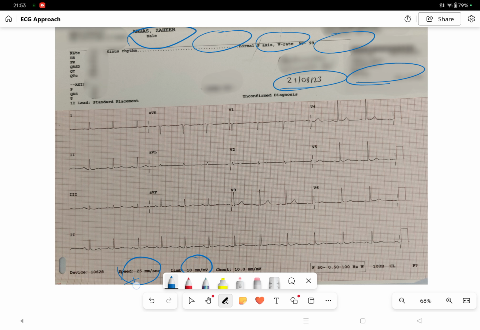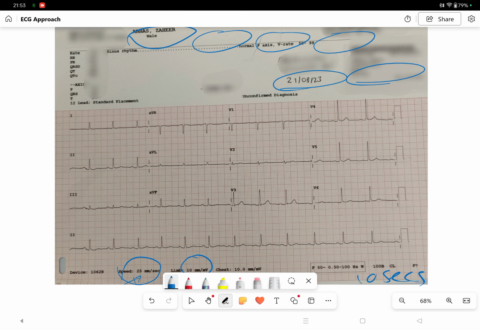Speed is really important. Why? Because we will understand and appreciate that this strip that we've got before us here is actually 10 seconds in duration, given that this was conducted at a speed of 25 millimeters per second.